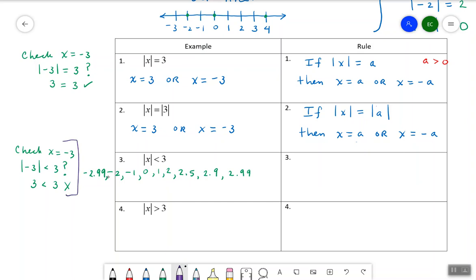And so here's a list of solutions that hopefully inspires us to write a little 3-part inequality to say that x, the value of x, is between 3 over here at the right end and negative 3 over here at the left end. So we're going to say negative 3 is less than x is less than 3. X is between negative 3 and 3.